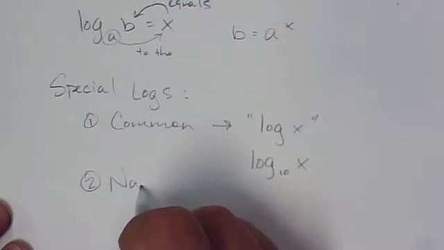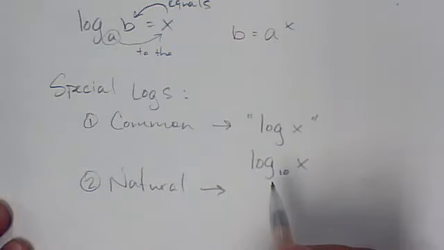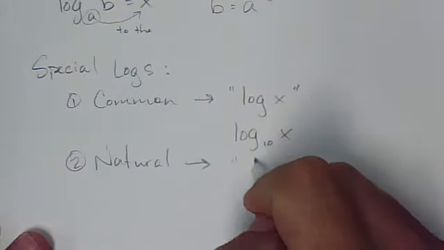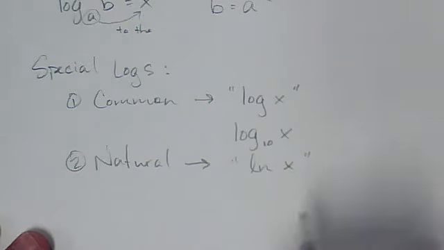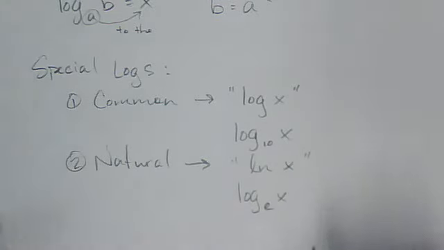The other one is the natural log, which looks like ln x, which is a log with a base of e, or 2.718.